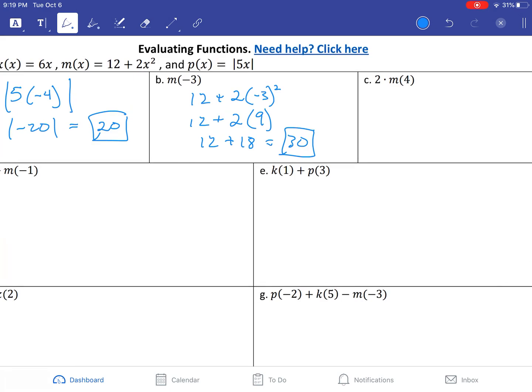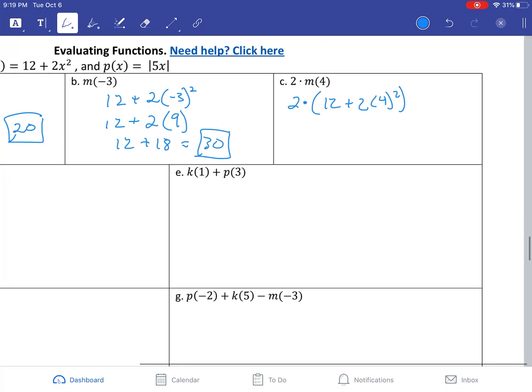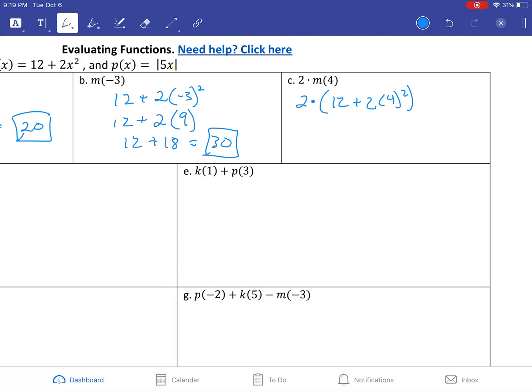Okay. Here we have 2 times m of 4. So we're going to do 2 times 12 plus 2 times 4 squared. Okay. Now rather than show you the steps, which I don't really need to see, if you show me that work that says, hey, I know where the thing goes, I understand how it works, just give me the number. So you have 2 times 12 plus 2 times 4 squared.